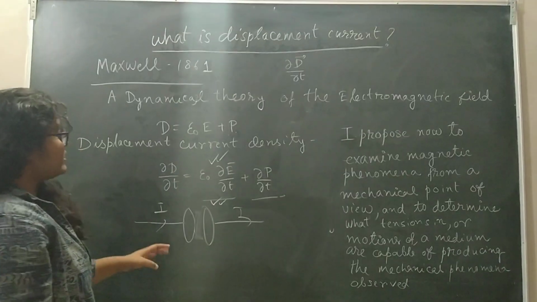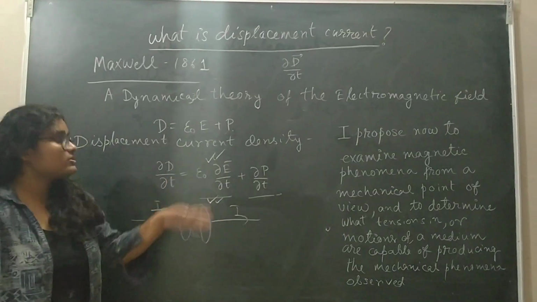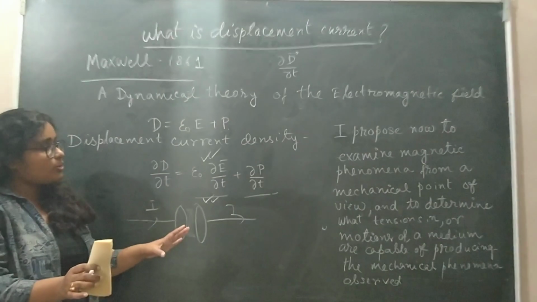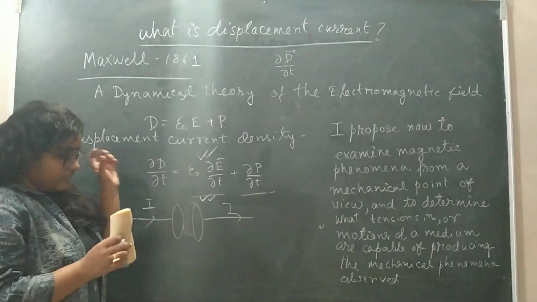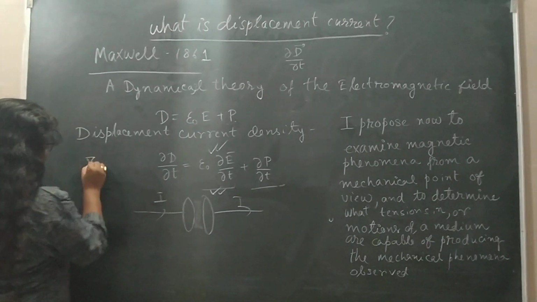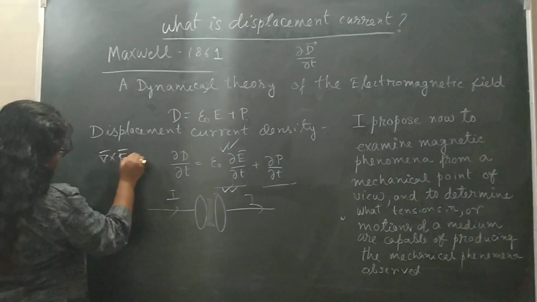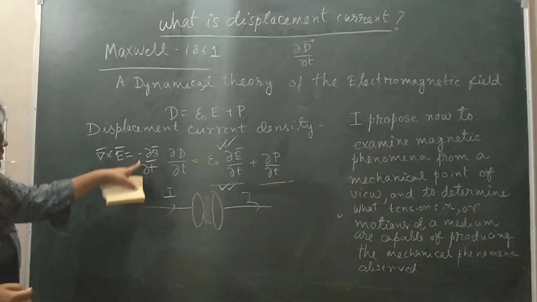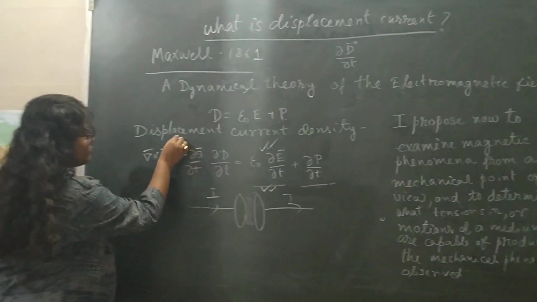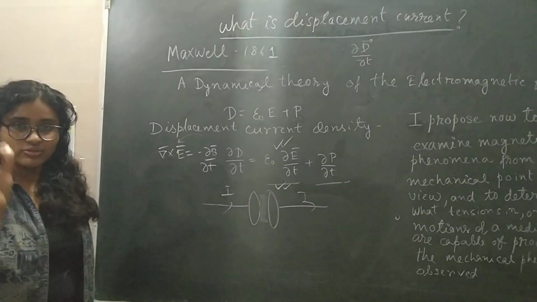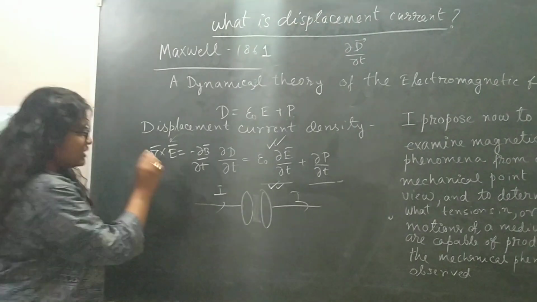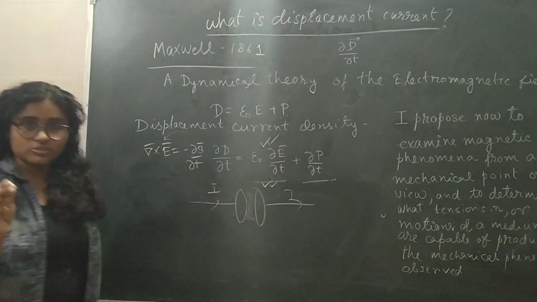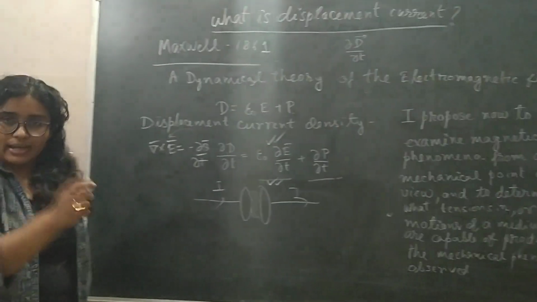This displacement current is the time variation of the electric field, and that is exactly Maxwell's point of view. Faraday gave the formula that curl of E equals minus del B by del T, so variation of the magnetic field can give you an electric field. Maxwell's point of view was that the variation of the electric field can also definitely give you a magnetic field.